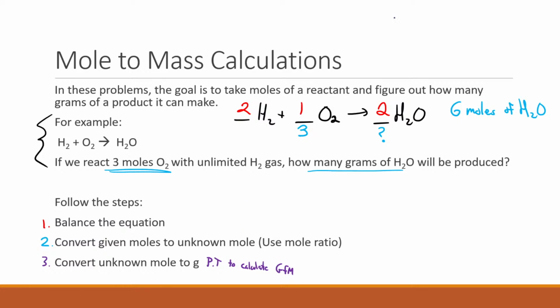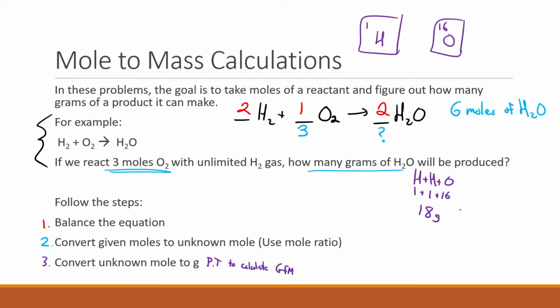I'm going to have to check my periodic table and calculate H plus O, 1 plus 1 plus 16. 18 grams is 1 mole. So then 6 moles, and I have another proportion set up for me.